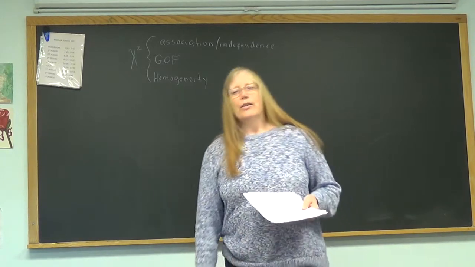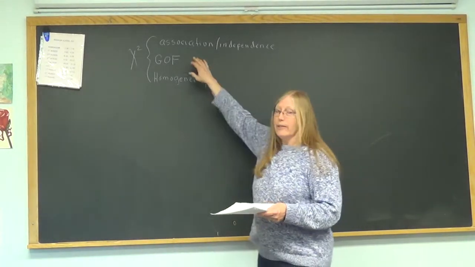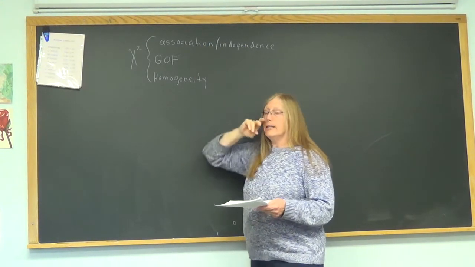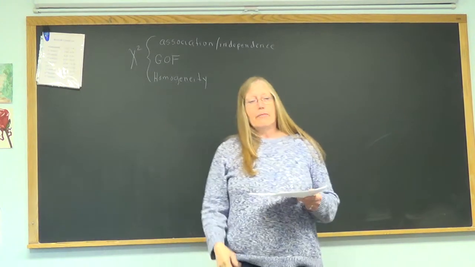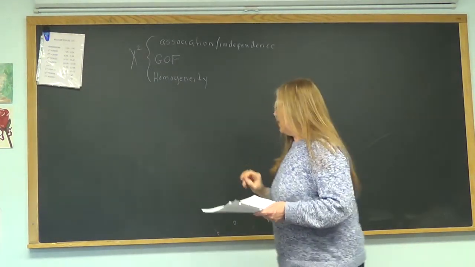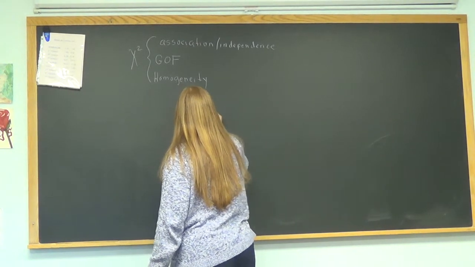So once again, you heard the word two-way table. So right away, you know it's not a goodness of fit. But how will you tell the difference between homogeneity and association? The way you will tell is the test for association has one sample group, one sample.